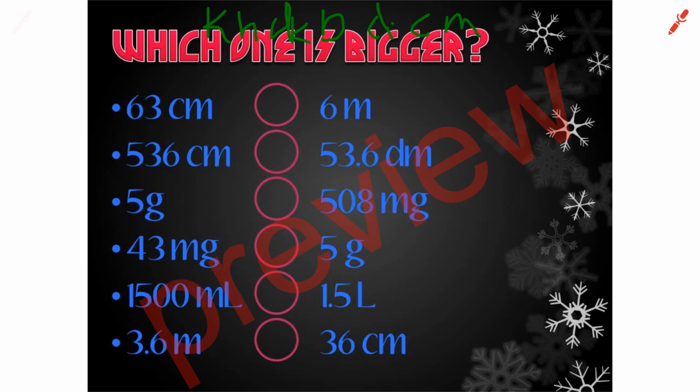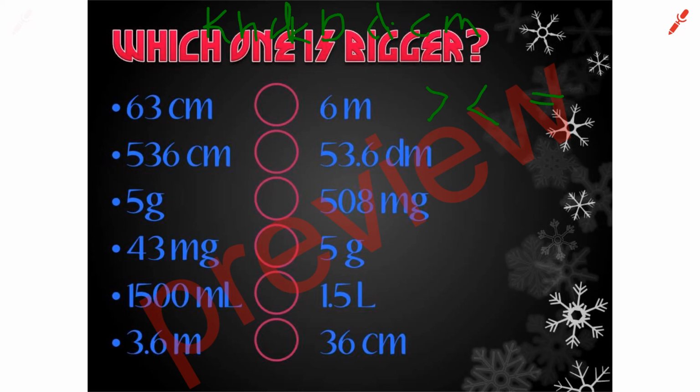This one's deca. So the question is, which one's bigger? And so you're going to put a greater than, less than, or equal sign in here. So remember, like when you were a little kid, when you learned this, the alligator is going to eat the bigger number. Okay, so that's how you write the sign, if you forgot.